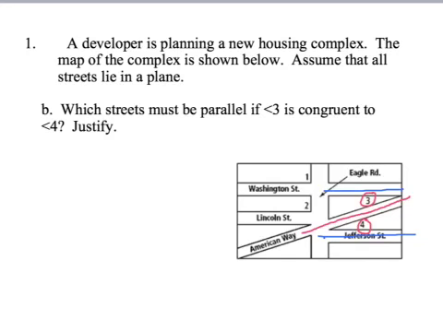So what you have here is a picture. I'm just going to draw it off to the side. Here's 3, here's 4. In order for those angles to be congruent, lines have to be parallel. So which lines would those be? Washington and Jefferson.